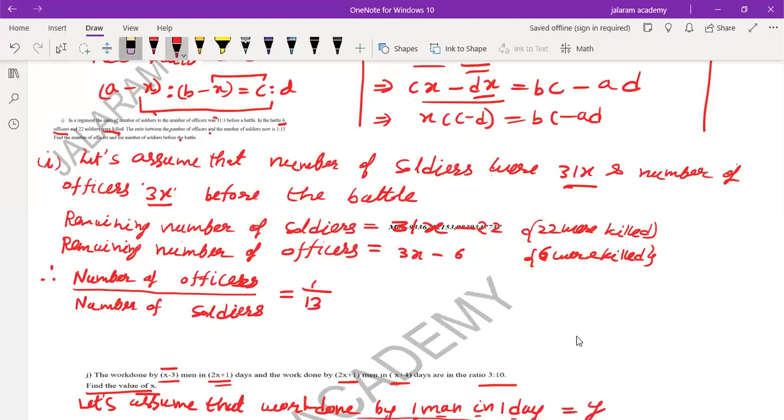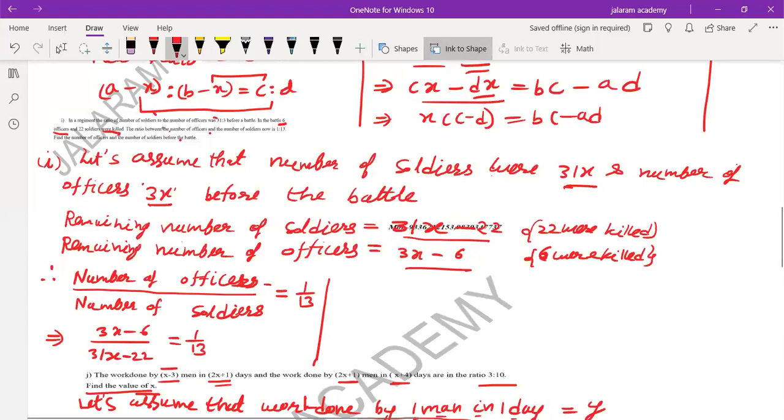The new ratio becomes 1:13. And the new number of officers, sorry, the number of officers is 3x minus 6, is to the new number of soldiers, which was 31x minus 22, equals 1/13.